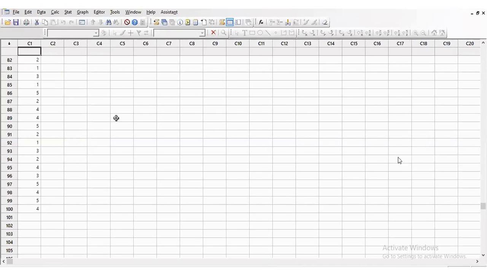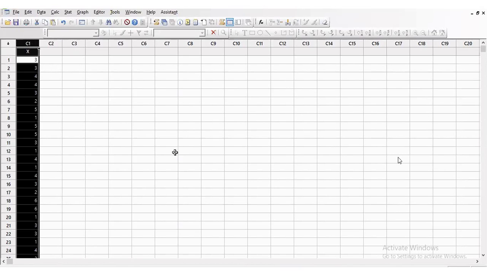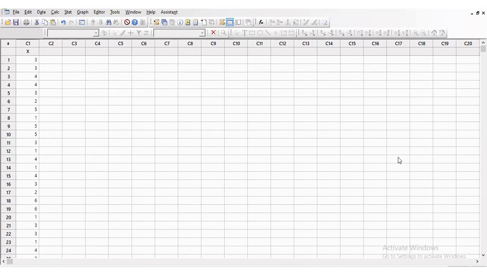This is my data. This I'm calling as X. Whatever the data, some data is there. It could be number of pens each person is having, number of rupees each person is having, any data, it doesn't matter. Now, let me take this so that you guys understand clearly.